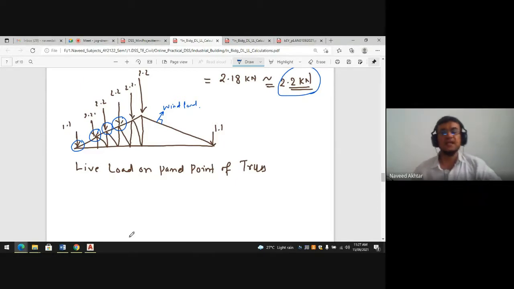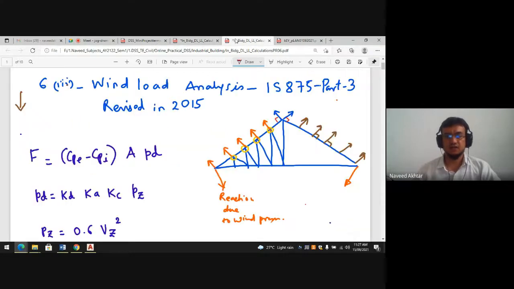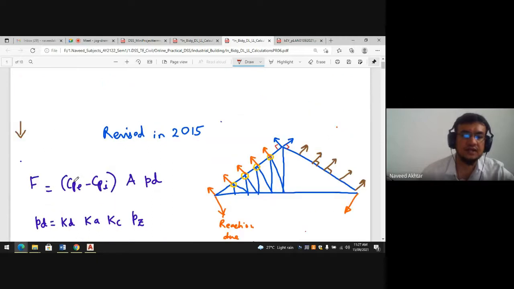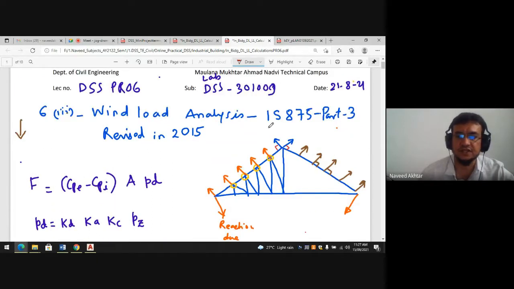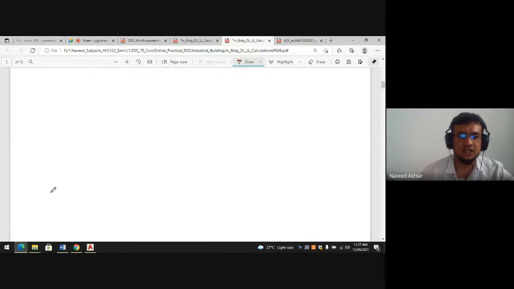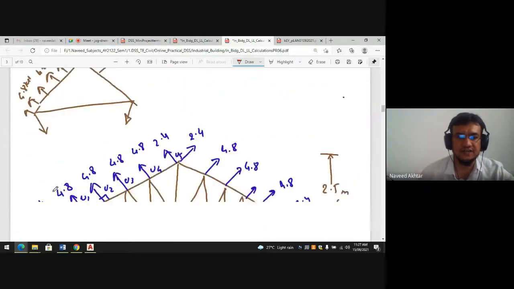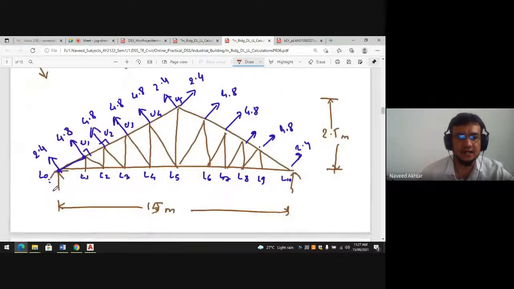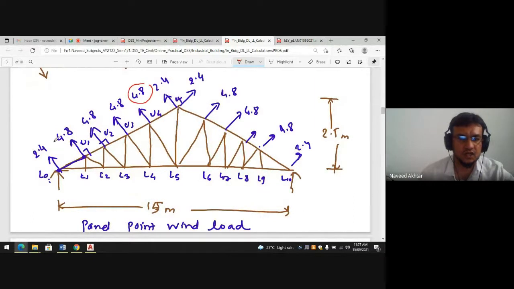So the live load on the panel point of the truss we have calculated, dead load we have calculated, and wind load also we have calculated using the wind load analysis code IS 875 Part 3, revised 2015. The wind load on the panel point is coming 4.8 kN.